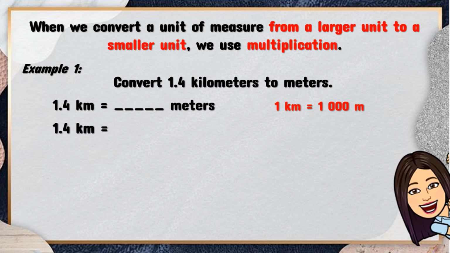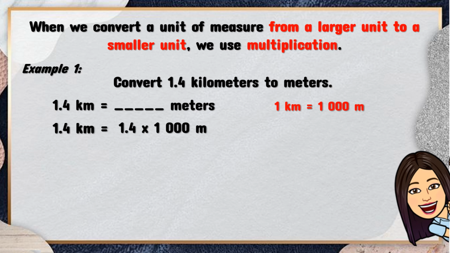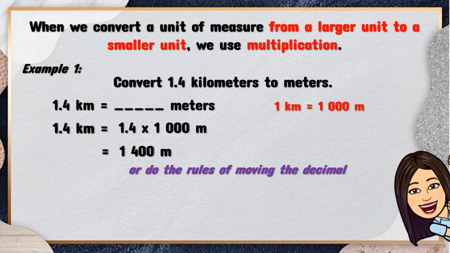So 1.4 kilometers is equal to 1.4 times 1,000 meters, and it's 1,400 meters. Or we can also use the rule of moving the decimal.